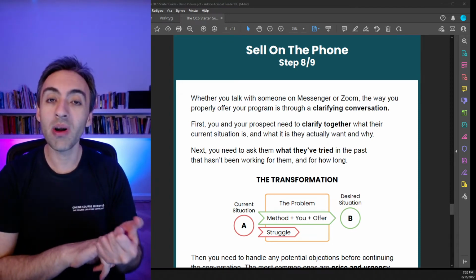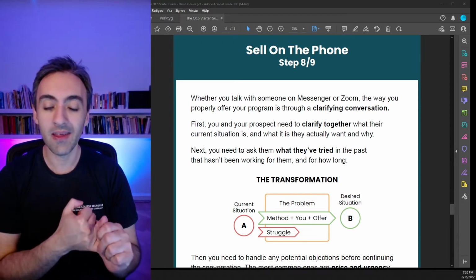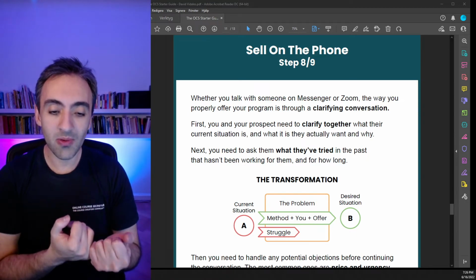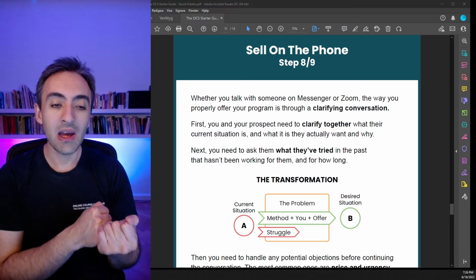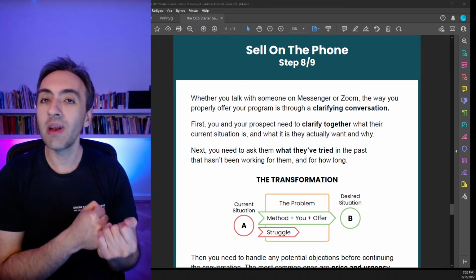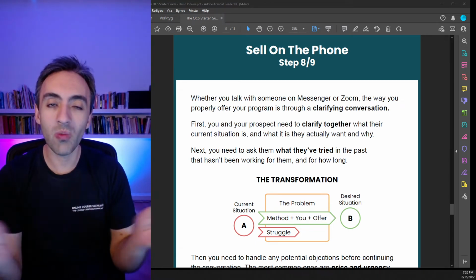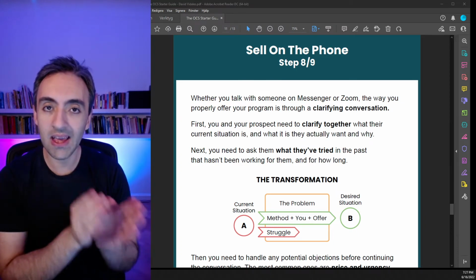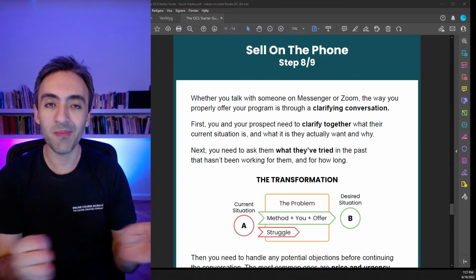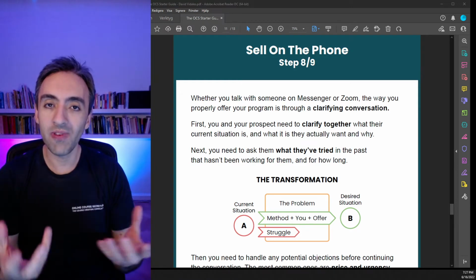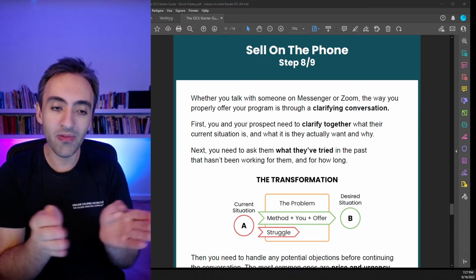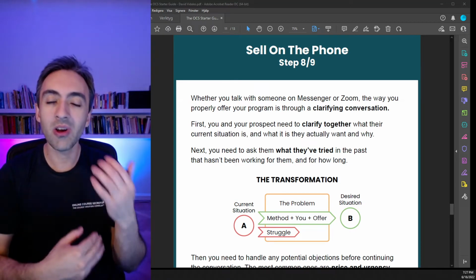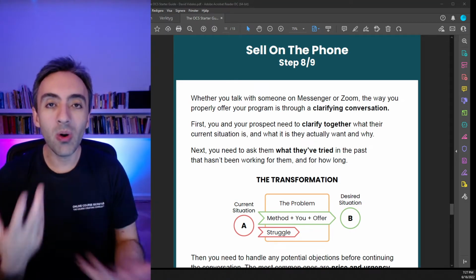Now we're asking more emotional questions. We're asking things like, "You shared with me that you're stuck here and you've been stuck here for some time, and what I'm wondering now is how is that affecting you? What do you feel it's costing you to stay there? And realistically speaking, how would it feel for you if you didn't get help with this?" We're asking a lot of deeper questions that start touching on the emotional, right?